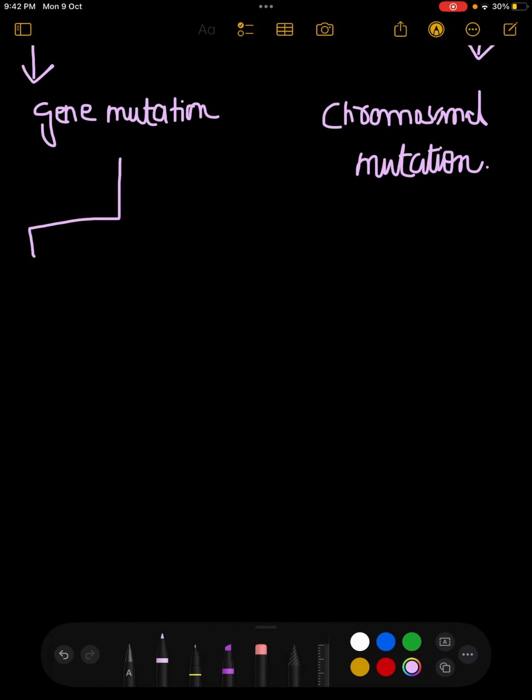Basically, gene mutation is divided into two further types. The first one is substitution, and the second one is frame shift.